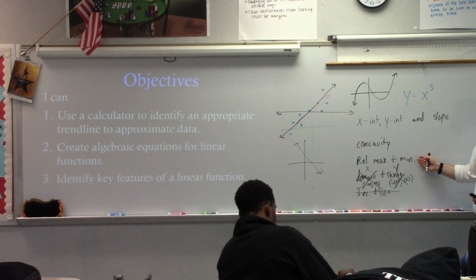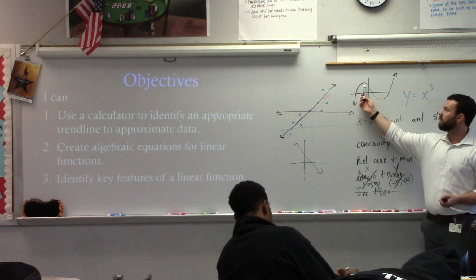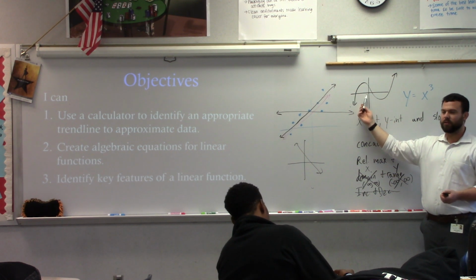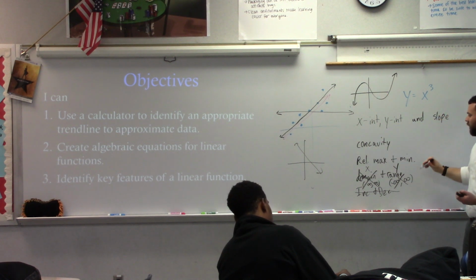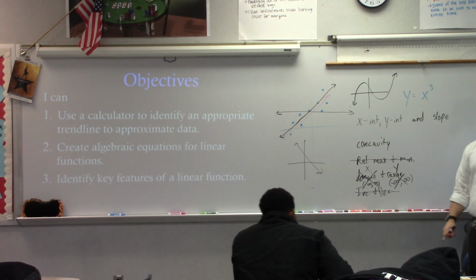What might be the issue with relative max and min for lines? It's going straight up. So, is there anything that's a relative max or min? No. It never stops increasing and starts to decrease. It never stops decreasing and starts to increase, so we're not going to do relative max and min for lines.